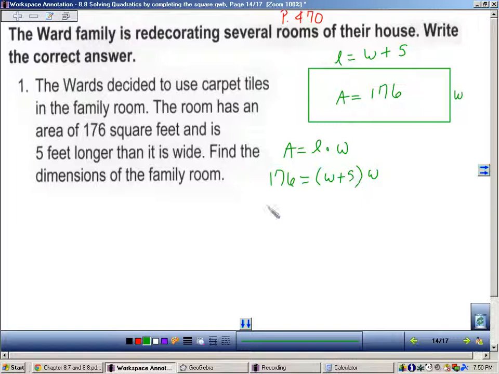Distribute. Complete the square now. Square that. Okay.